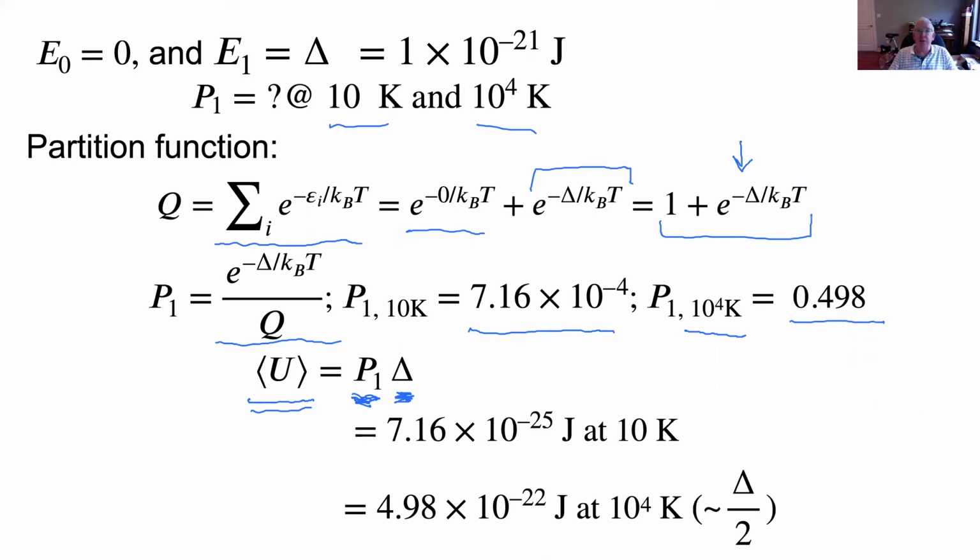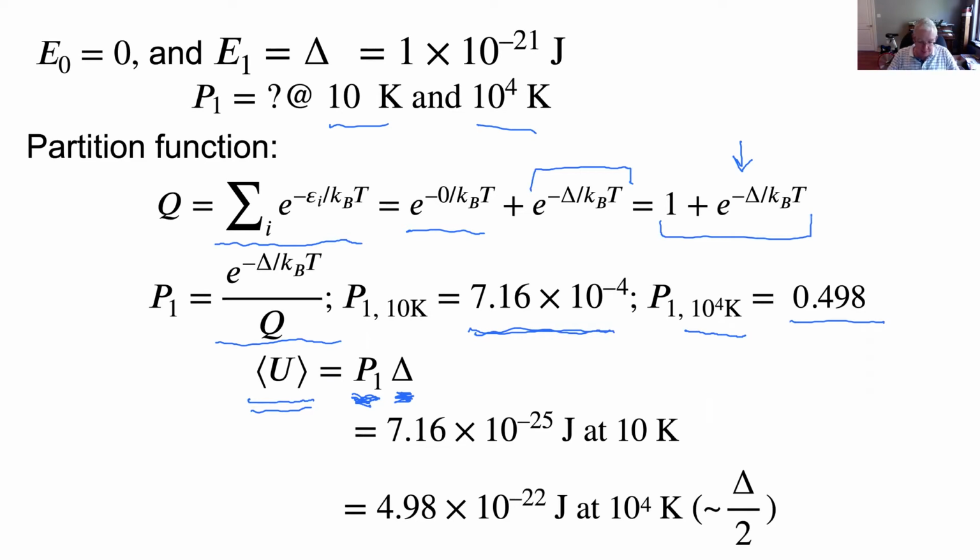That's going to be the average because the fraction of the time that it's not in the upper state, it's got energy zero. So there'd be a term there that was P0 times E0 if E0 were not zero, but I don't have to really include that term because I set the ground state energy to zero. So that says my average internal energy at 10 Kelvin is very, very small. There's almost no chance of finding the particle in the upper state because its chances of being there are this small.